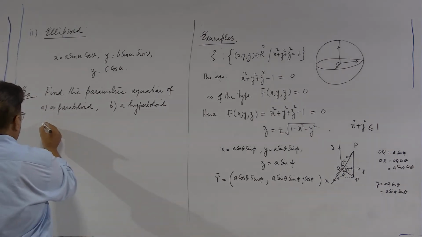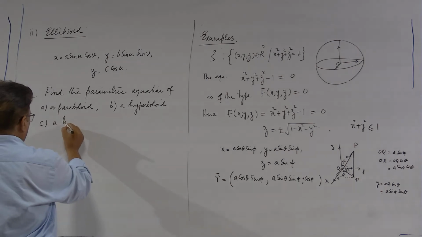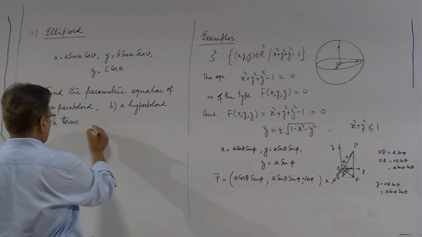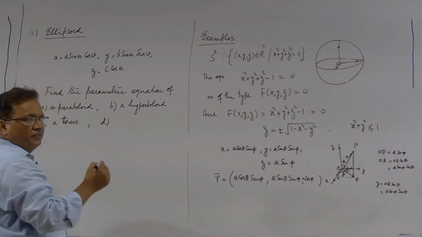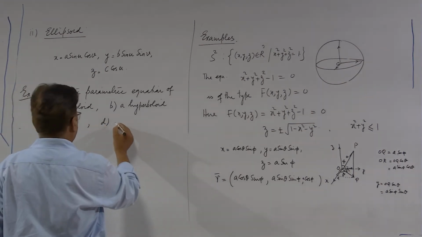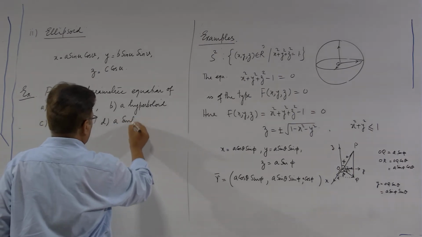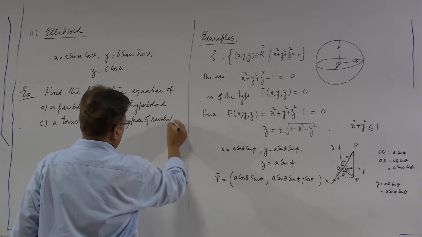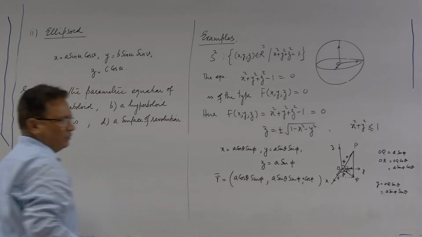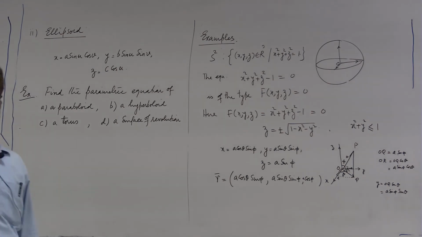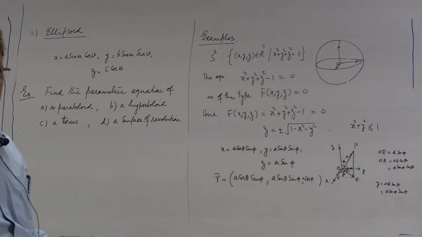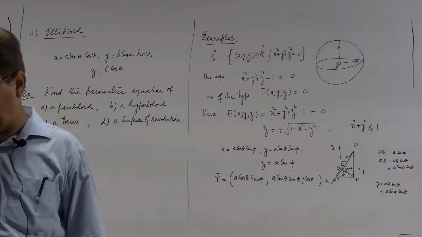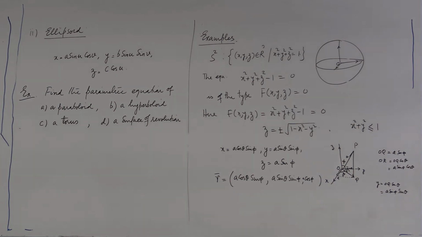A torus also, and you can also work out in general the equation of a surface of revolution. A cylinder and a cone, there are many conicoids, all of them are surfaces. So, you can work out their equation. So, that you can try.